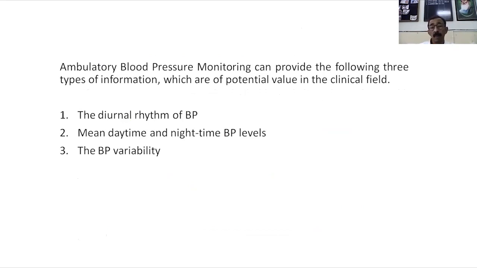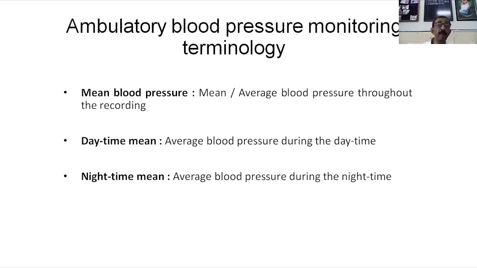Now, this is the information which we draw out of the ambulatory BP monitoring. Three types of information we draw. Number one is the diurnal variation, the diurnal rhythm of BP. Second is the mean daytime and mean nighttime BP levels. And third is the blood pressure variability. Let's focus on each one of them. What is mean blood pressure?